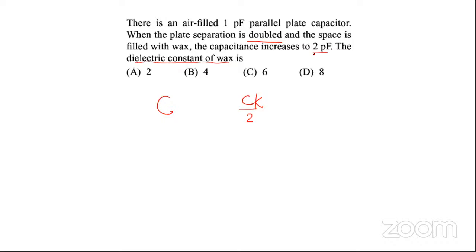Its value is given as 2 picofarads, and C we have as 1 picofarad. So 1 into K upon 2 is equal to 2. So this gives us K equals 4. So B is the right answer.